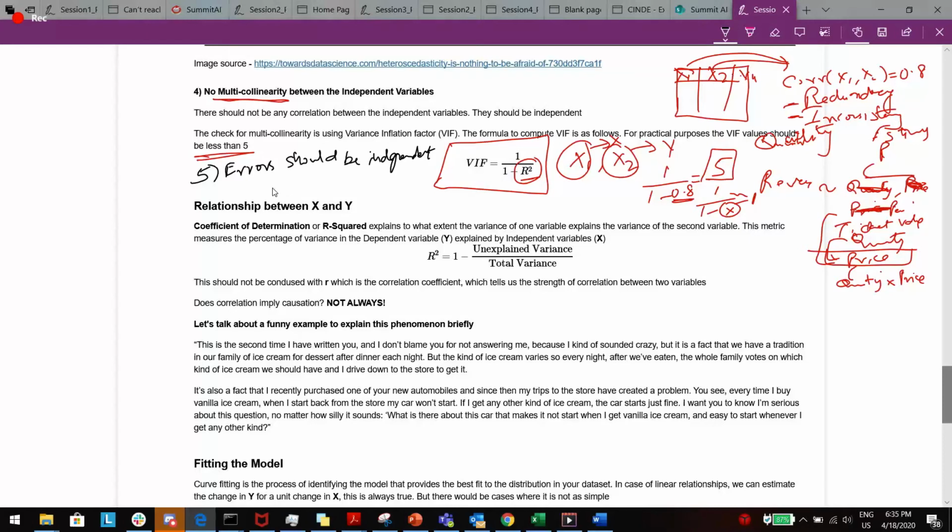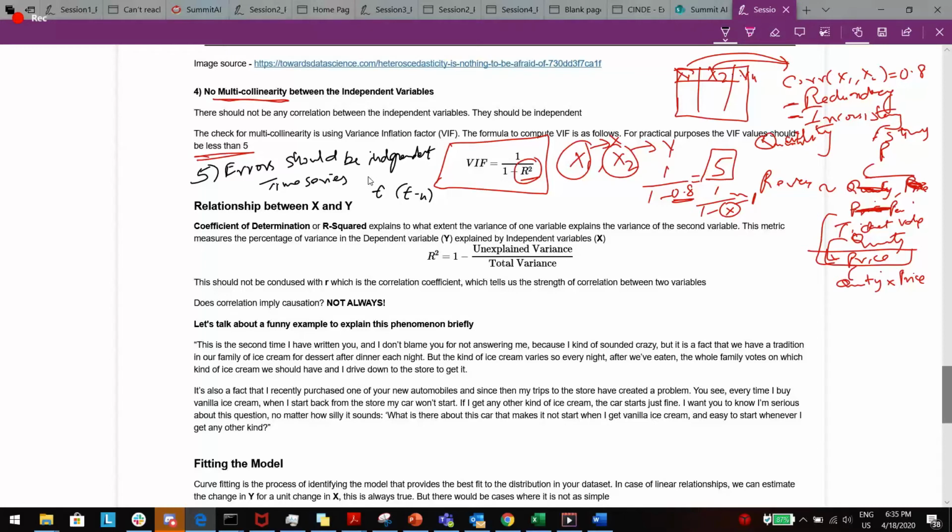This is very much evident when you are using time series, where your current time is dependent on a previous time t minus n, and the errors may also be correspondingly related. This is something which should be avoided at all costs.